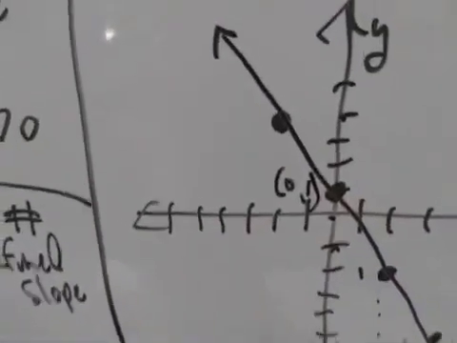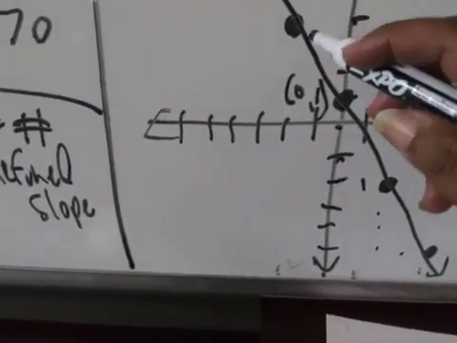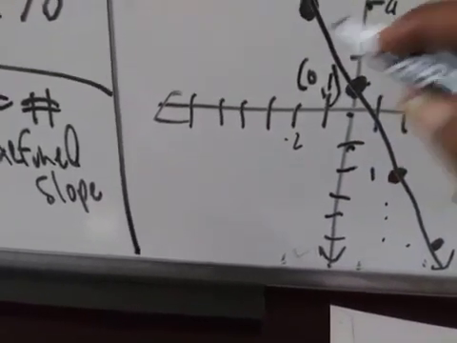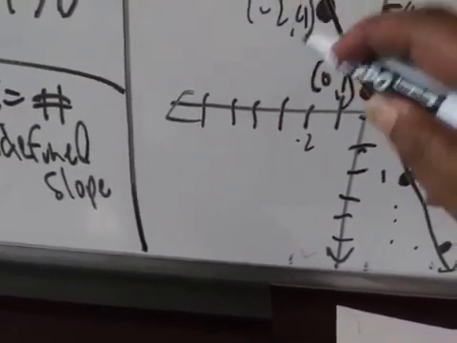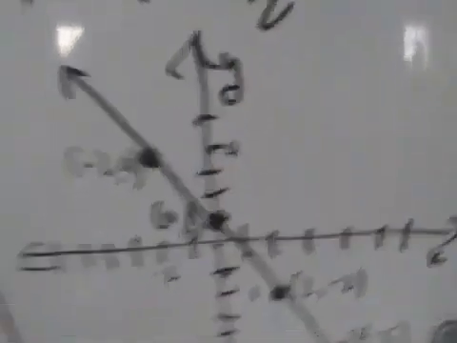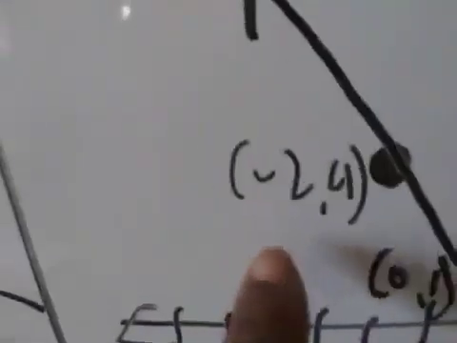And this point is over 2 and up 3, so that'll be negative 2, 4. This one is 2, negative 2, and this point down here is 4, negative 5. Let's check all these just to make sure they're right. I've never done on-the-spot math like this, but that's okay. This is good practice.